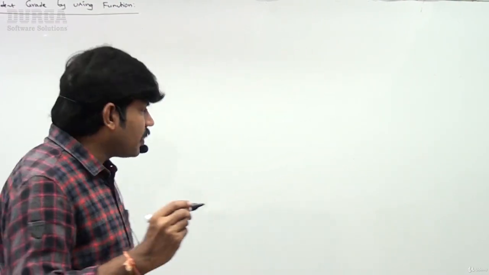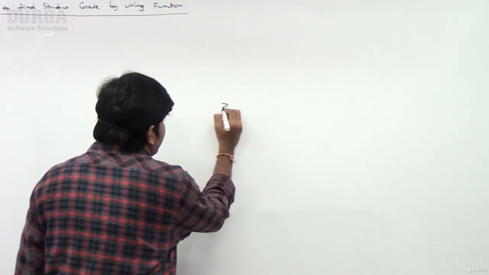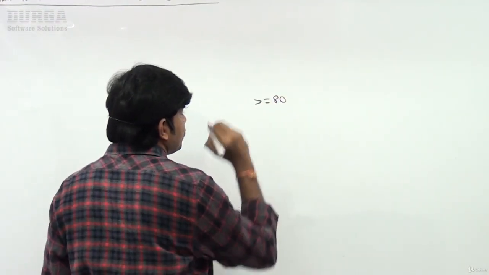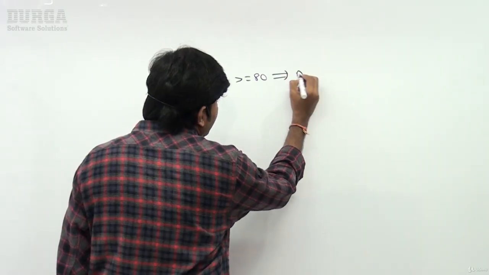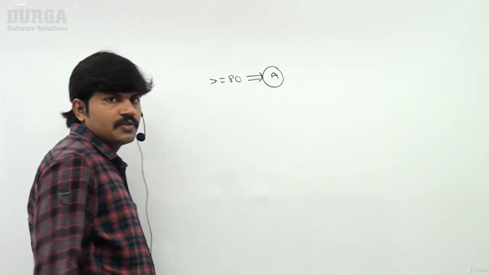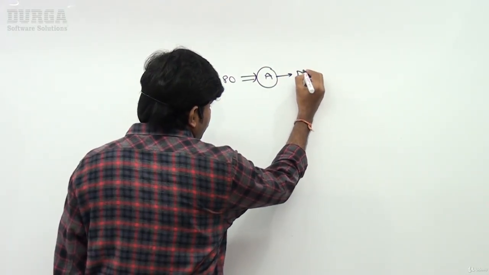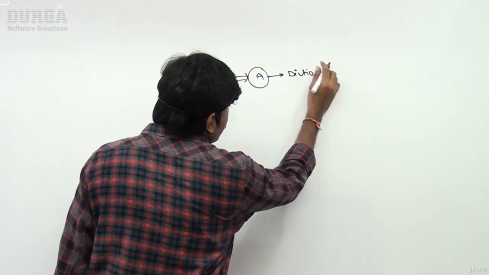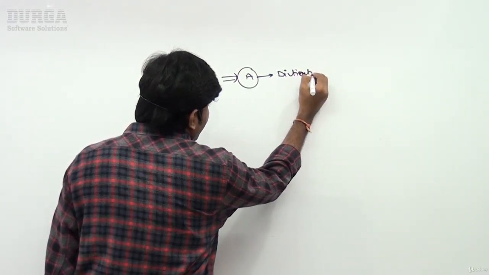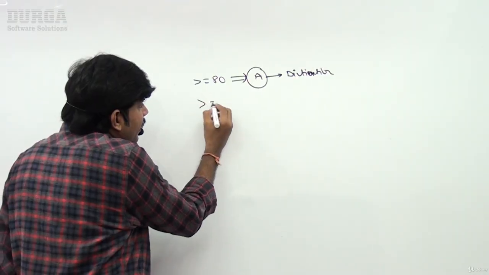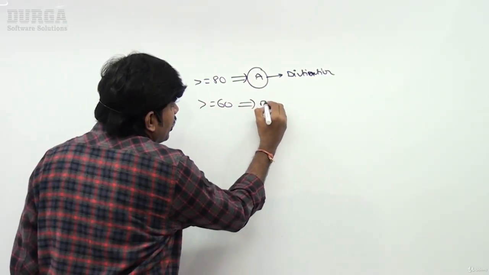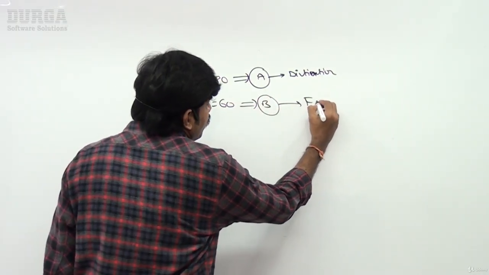If the marks are greater than or equal to 80, consider that grade A, which means distinction. Next, if greater than or equal to 60, then automatically B grade, first class.